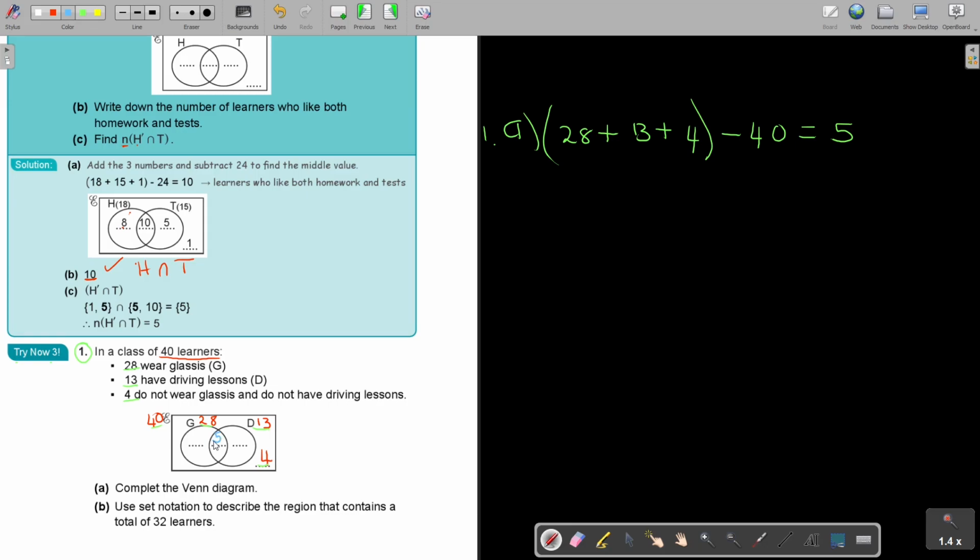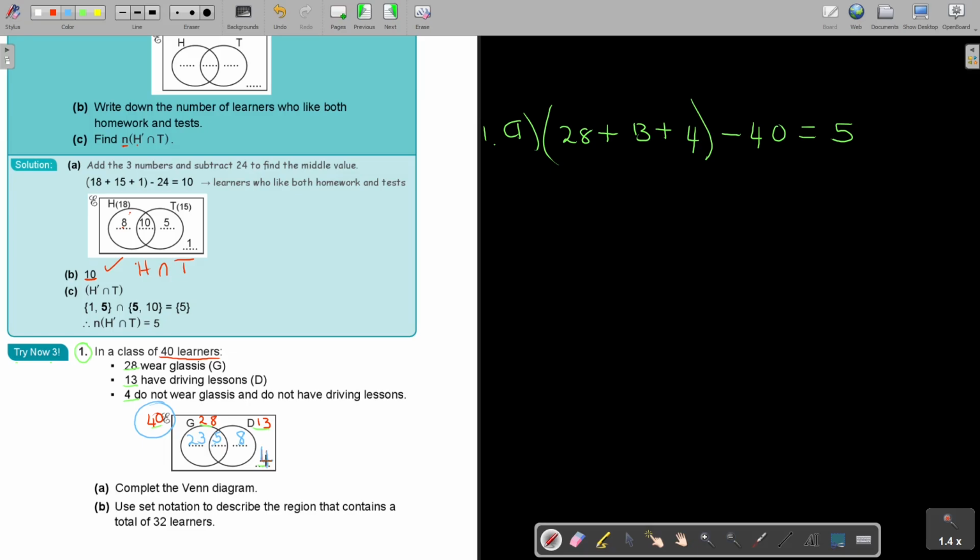Now I can just subtract: 28 minus 5 will be 23, and 13 minus 5 will be 8. And you can test it, with that 4, by saying 23 plus 5 plus 8 plus 4, and then you must get 40. Can we maybe just check? 23 plus 5 is 28, plus 8 is 36, plus 4 gives you 40. So you can do that check.